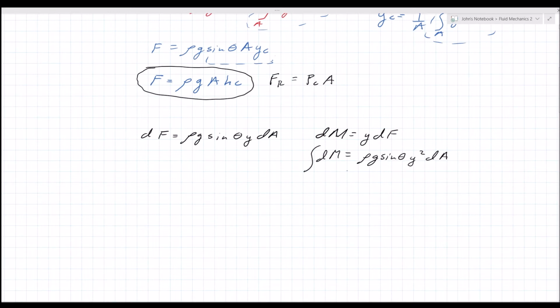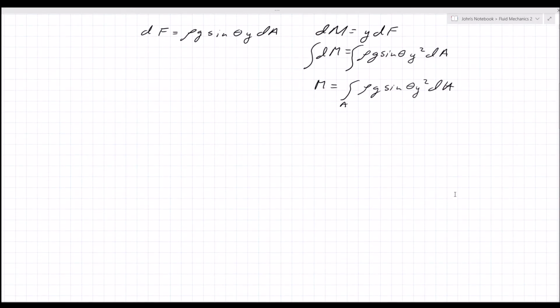Integrate both sides. I have my moment is equal to my integral with respect to the area, rho g sine theta y squared dA. So then pull everything out. Moment is equal to rho g sine theta integral with respect to the area, y squared dA.